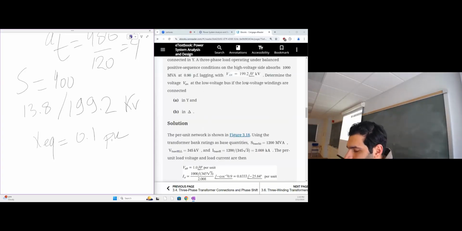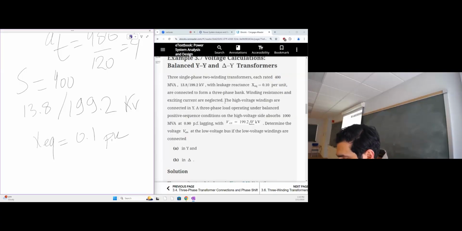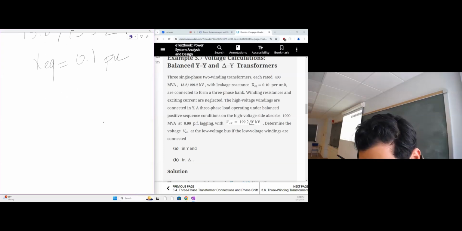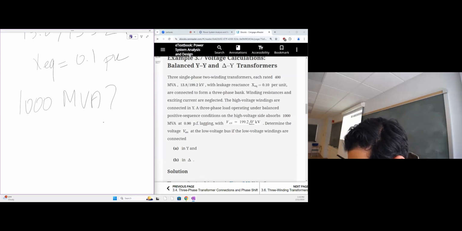He's saying determine, oh, I missed something here. The high voltage windings are connected in Y, a three-phase load operating under balanced positive sequence conditions on the high voltage side absorbs 1,000 MVA at 0.9 power factor lagging.